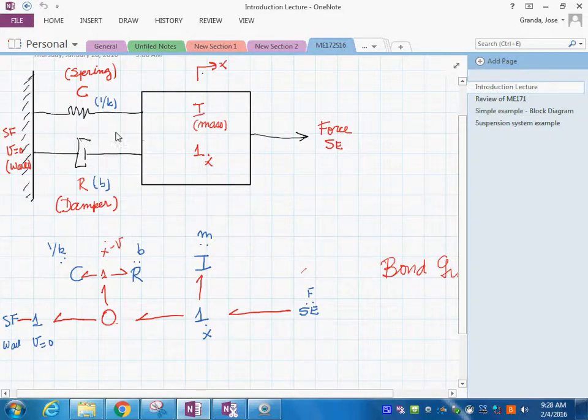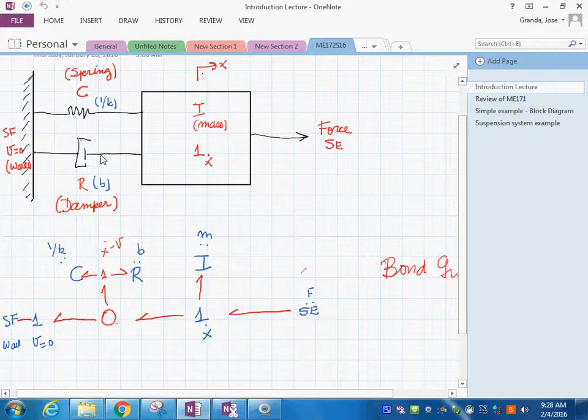But in here, between this and the wall, we have some spring and we have this damper also. Our reference point is a velocity of 0, which is represented over here. So this is the wall, and the difference between these two are these two elements.